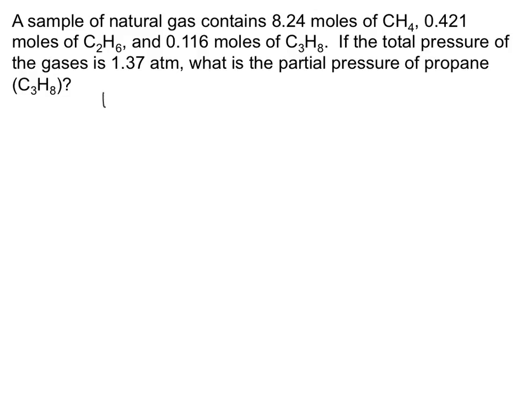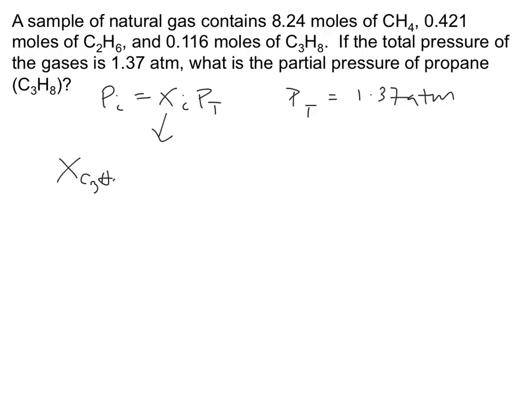So we know that the partial pressure of a specific gas is equal to the mole fraction times the total pressure. We've been told that the total pressure is 1.37 atm, and we've also been given enough information about the various gases in the container in order to calculate the mole fraction. So in order to get the mole fraction for the propane, we are going to take our number of moles of propane, which is 0.116, and divide it by the total moles of all the gases in the container.